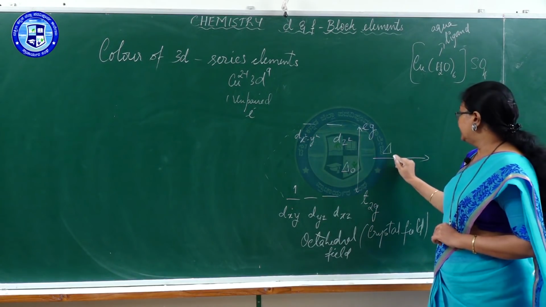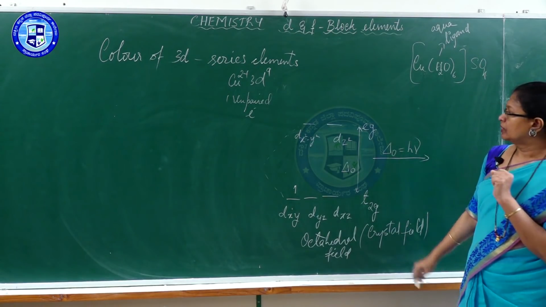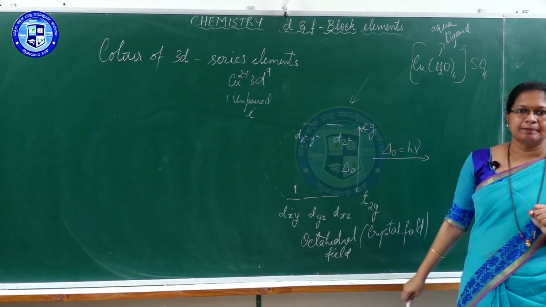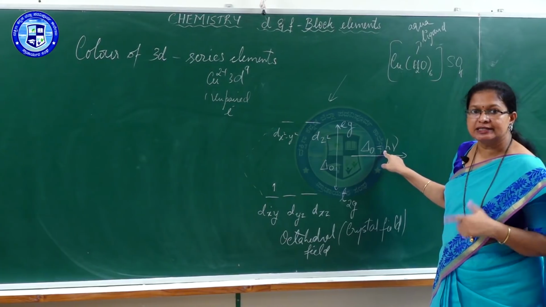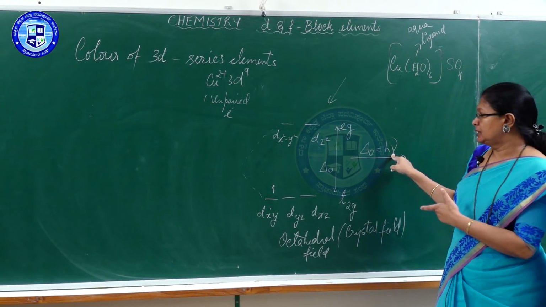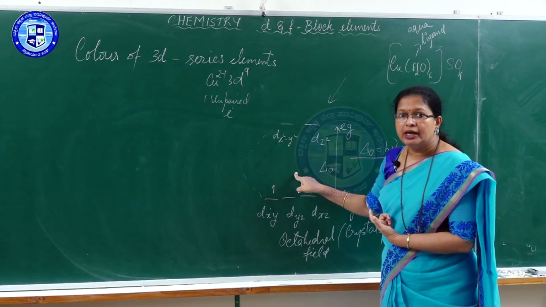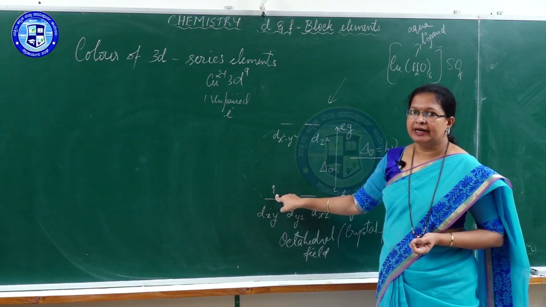If delta O equals h nu, you know what h is? H is the Planck's constant, nu is the frequency of the radiation which is going to be absorbed by this ion which has one unpaired electron.